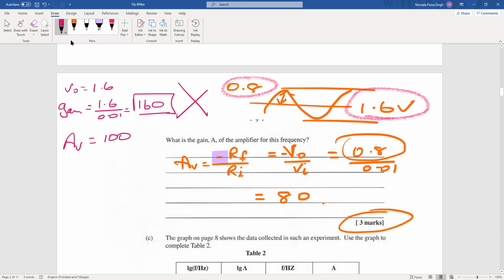Everybody understand everything there, where the trick in that question was, right? You saw what the trick was? Nah, miss. Anybody want to explain what the trick was in that question? Because I want to hear your own words, so that means that you understand it.